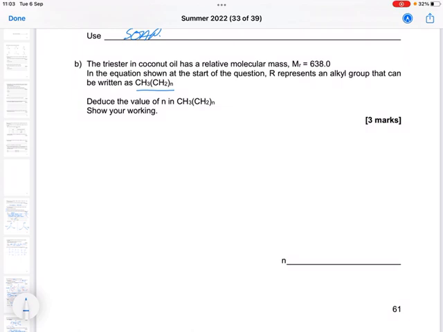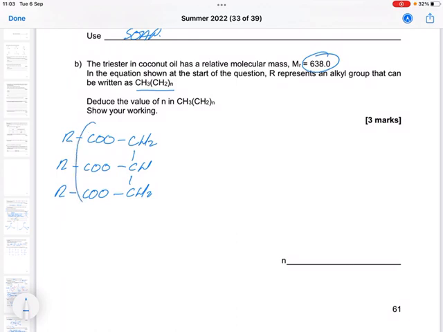So let me separate R, and then we've got COO, CH2, R, COO, CH, and then RCOO, CH2. So what I want to do is, from my 638 here, I want to take that bit away. So I need to add all of that up.